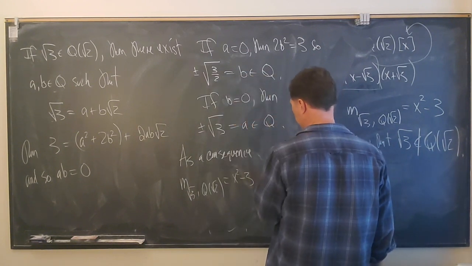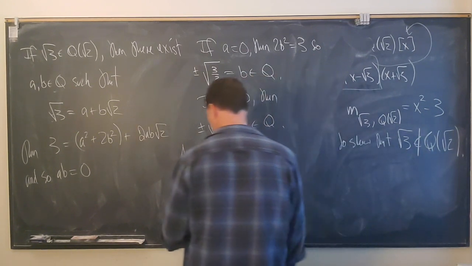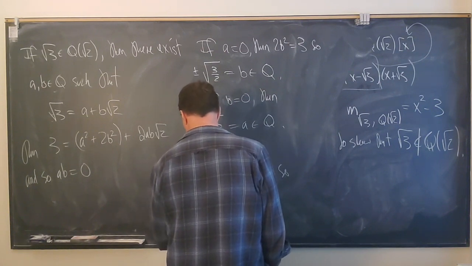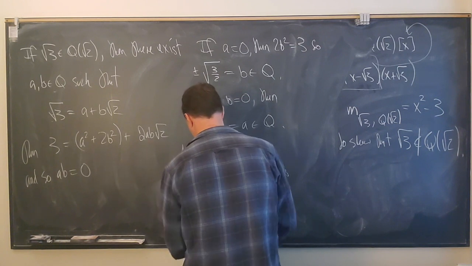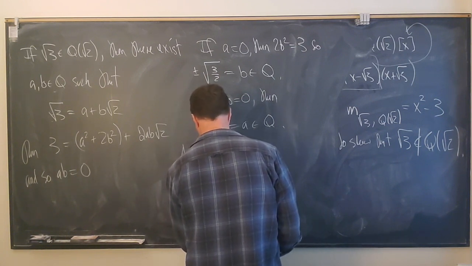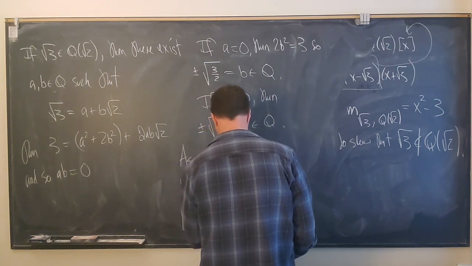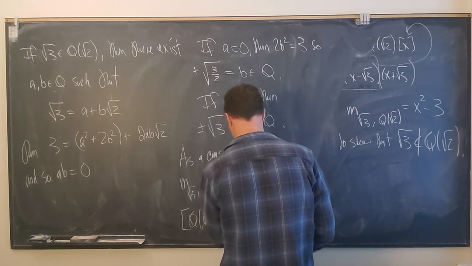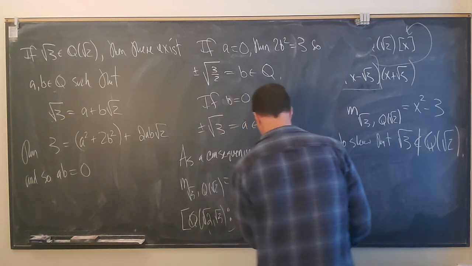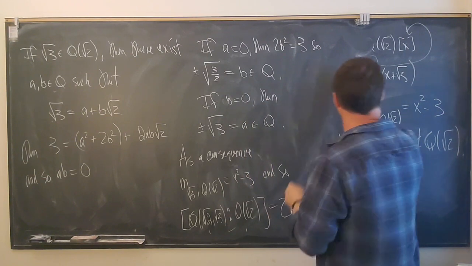And so the degree of the extension Q adjoin root 2 and root 3 over Q adjoin root 2 is equal to 2, with a basis.